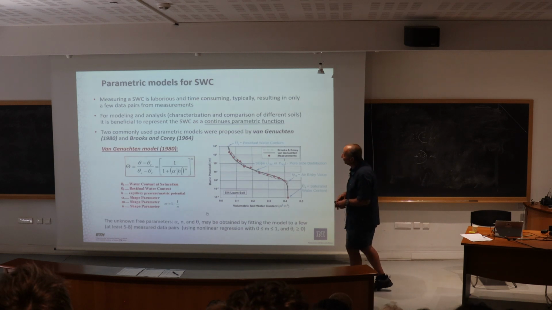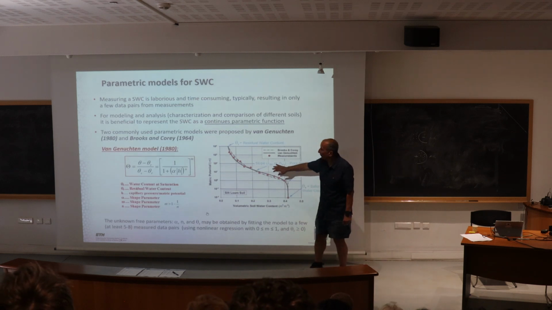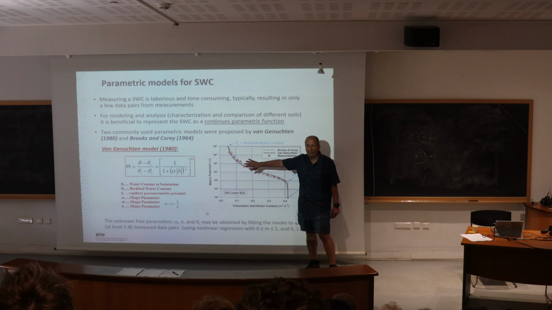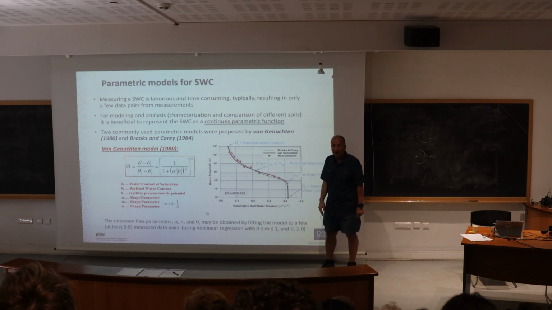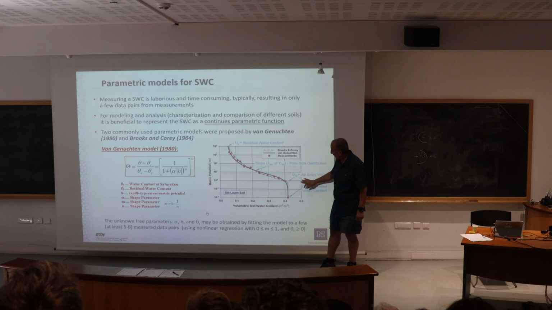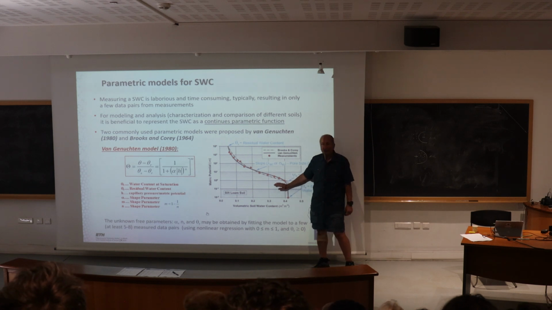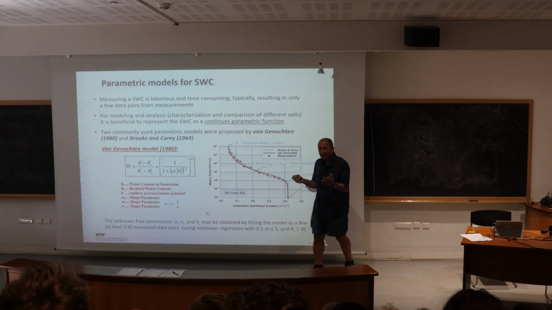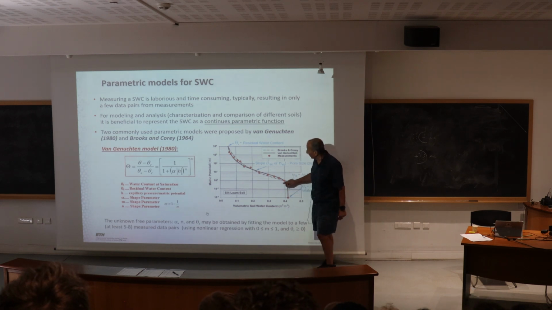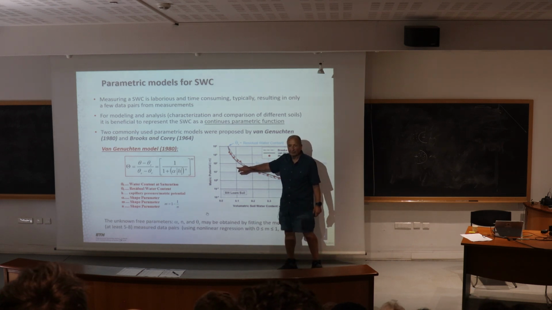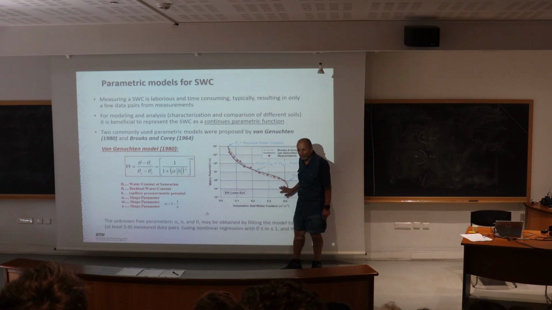So one of the parametric models that we commonly use is the Van Genuchten model. Yeah, 5 minutes? Okay, sure. So this is a characteristic curve, a parametric model by Van Genuchten. The idea is that it takes so much work to produce these data points, and some of them are measured by different methods.